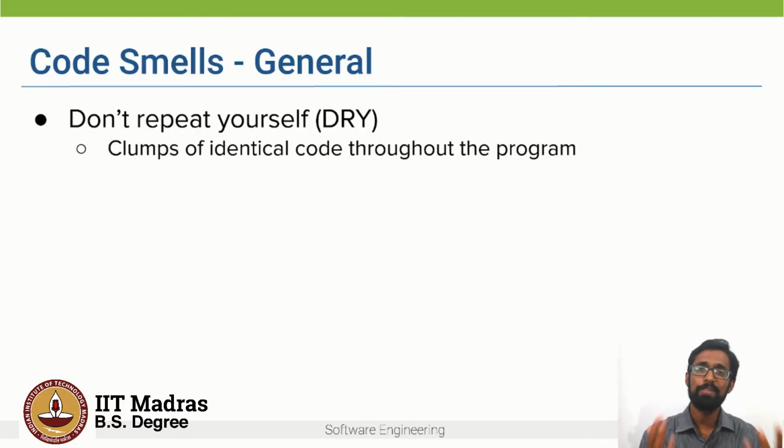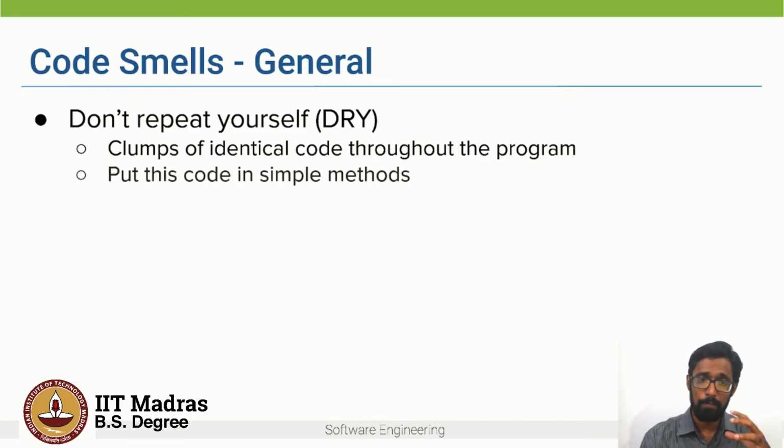Oftentimes, even when we write code in the first run, we will have these groups of lines of code, right, which are identical, interspersed throughout our program. The best way to avoid this is to put these identical lines of code in simple methods and call those methods in your program.